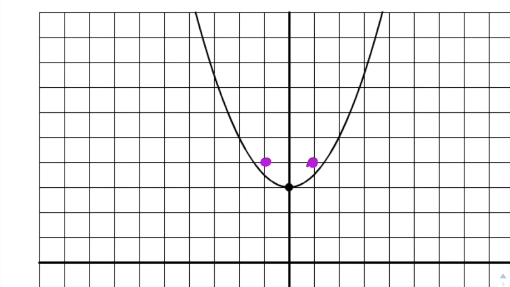I'm not going right 2 up 4, left 2 up 4 like my parent function. Instead, I'm going right 1 up about a half, right 2 up 2. Left 1 up about a half, left 2 up 2.